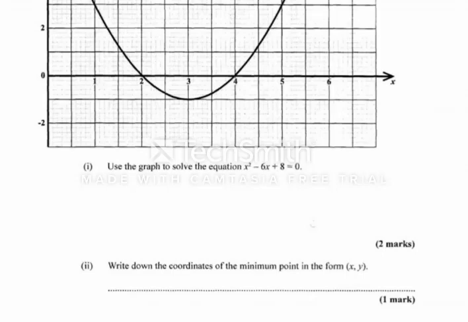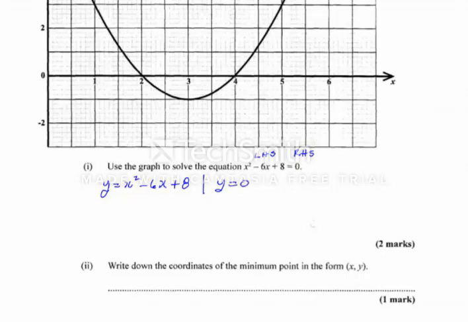All right, this is what I told you. If you're using a graph to solve an equation, you must draw the graph of the left-hand side of the equation. So you need to draw the graph y is equal to x squared minus 6x plus 8. And you need to draw the graph of the right-hand side of the equation. And over there, you have y is equal to 0.